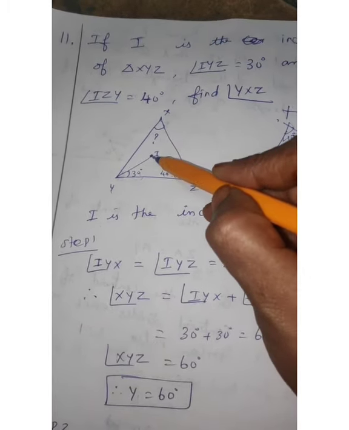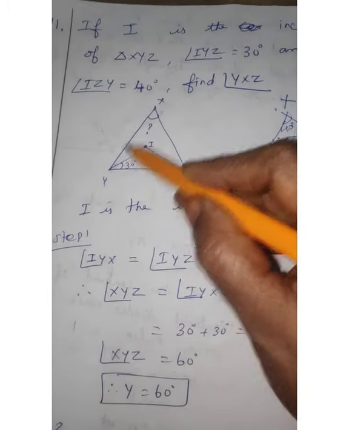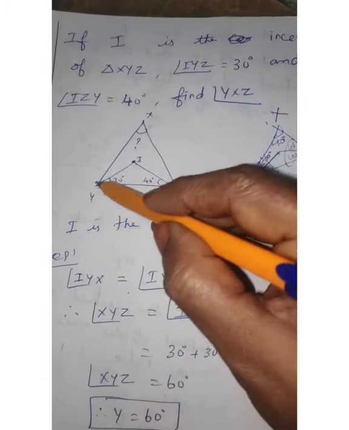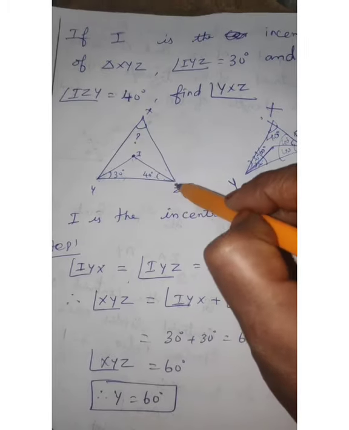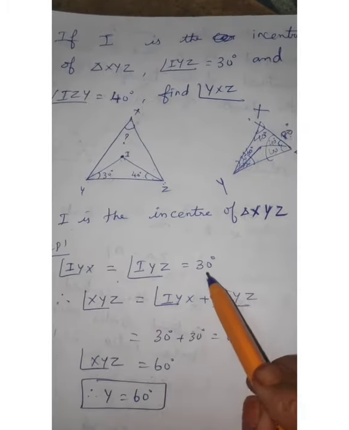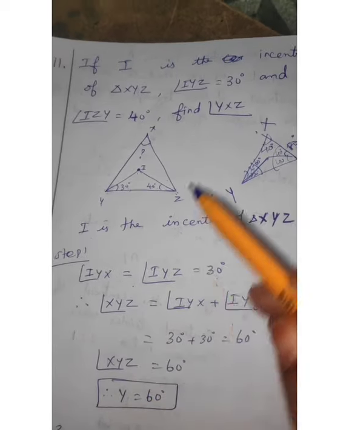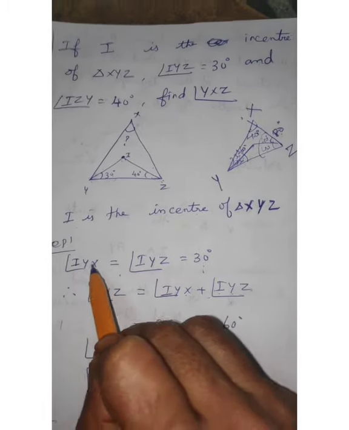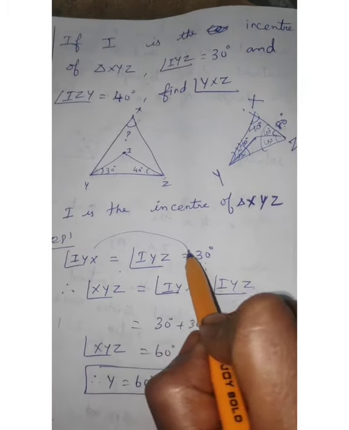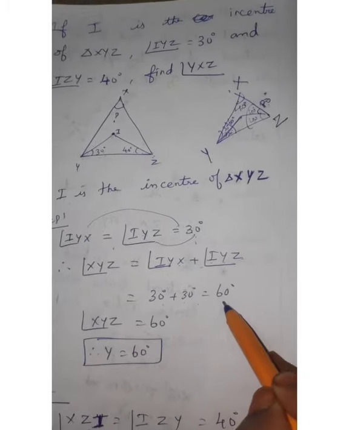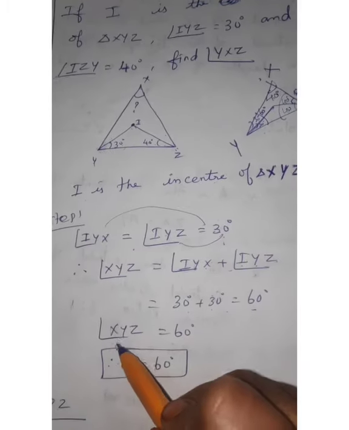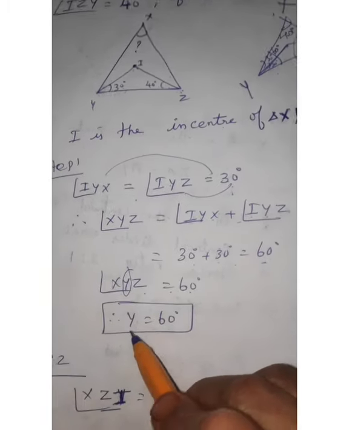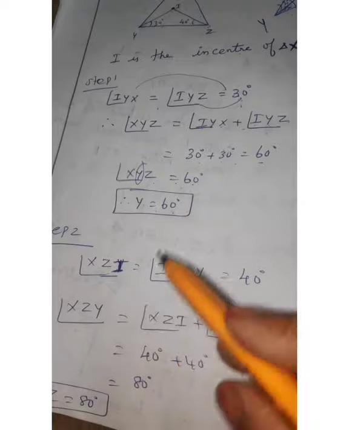IYX equals IYZ equals 30 degrees. On the left side, we are seeing 30 degrees. Therefore angle Y equals IYX plus IYZ, which is 30 plus 30 equals 60 degrees. So angle XYZ equals 60 degrees, the letter inside being Y. Angle Y equals 60 degrees is the answer.